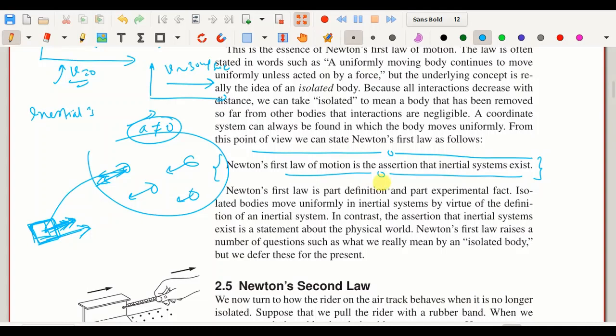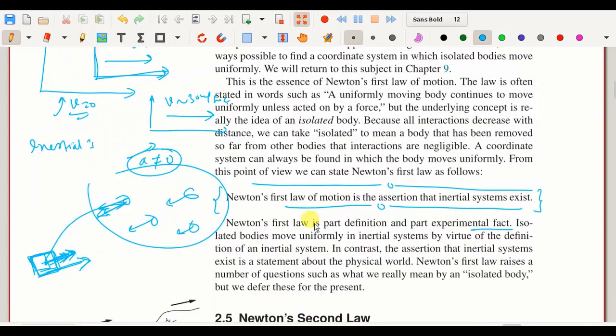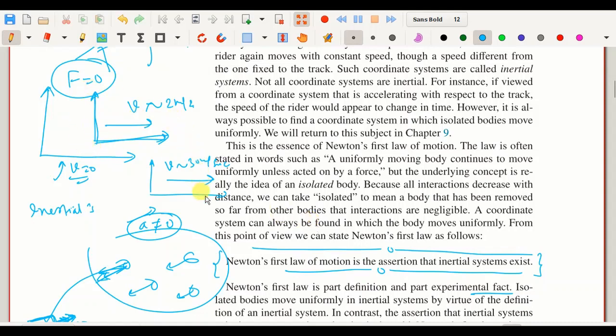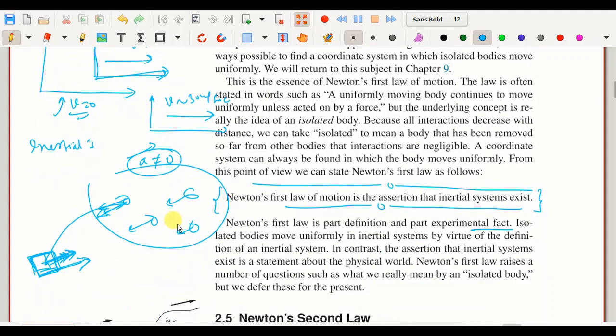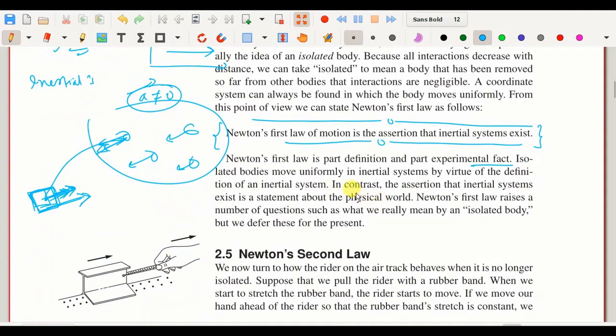So Newton's first law is part definition and part experimental fact. It is not completely theoretical; it is an experimental fact, and we have defined something. Isolated bodies move uniformly in an inertial system by virtue of the definition of inertial systems. We have said that there is no acceleration and no force, so it is a perfectly isolated body. Got it? In contrast, the assertion that inertial systems exist is a statement about the physical world.